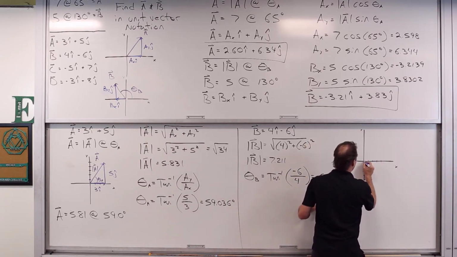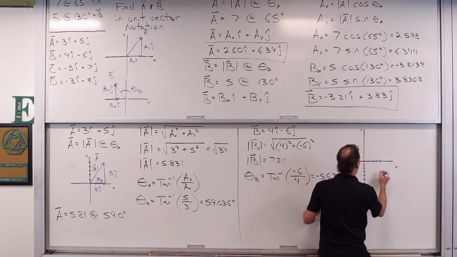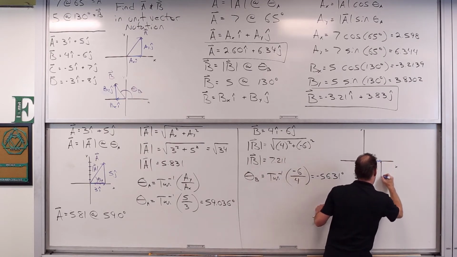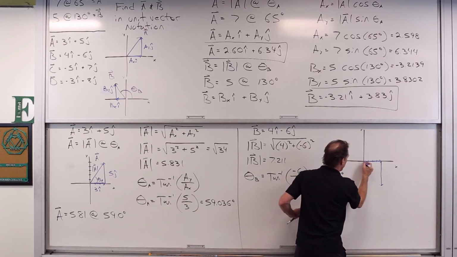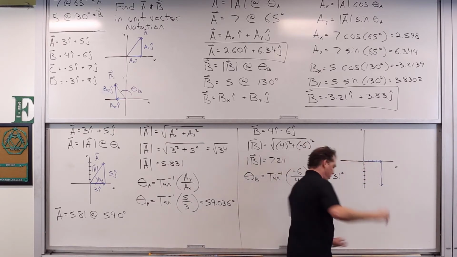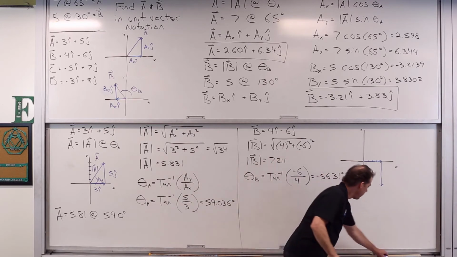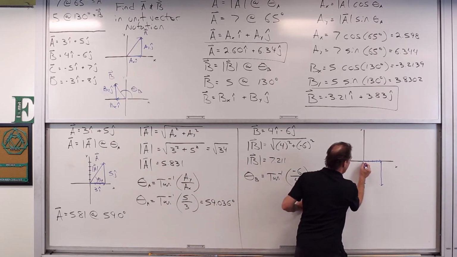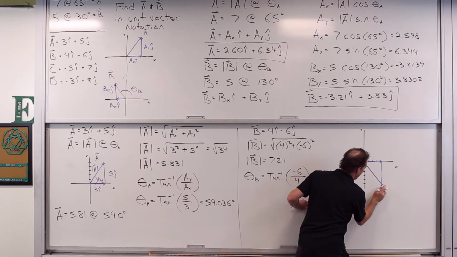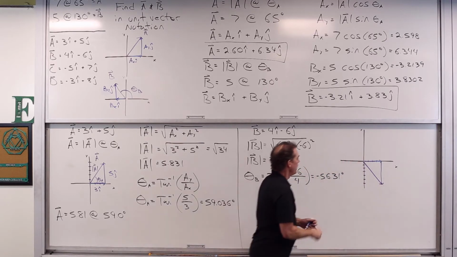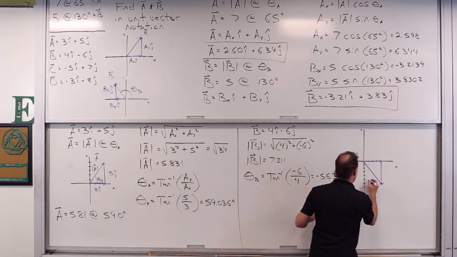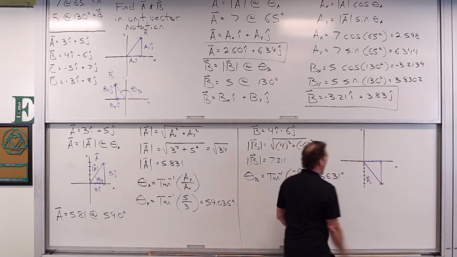So we go positive i hat 4, and then negative j hat 6, and the true vector, or total vector if you will, goes from here to the tip there. There we go. There's the total vector. This is our b hat.